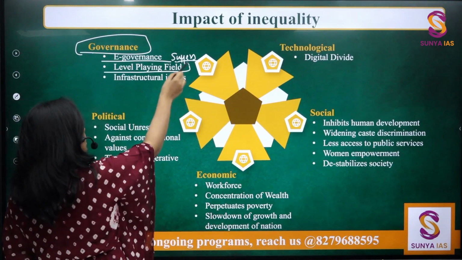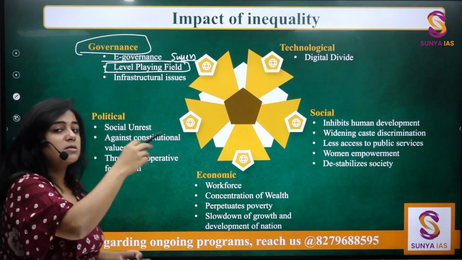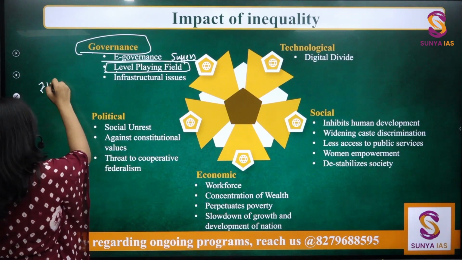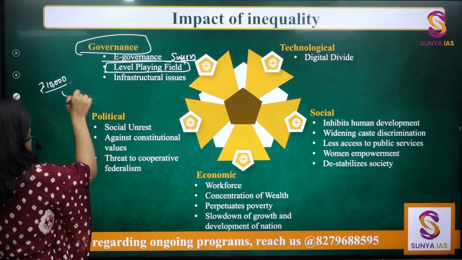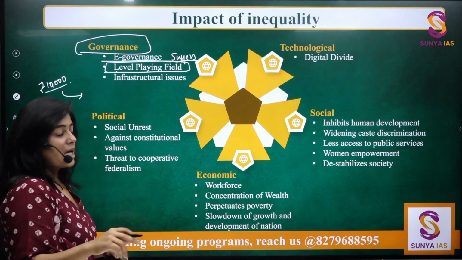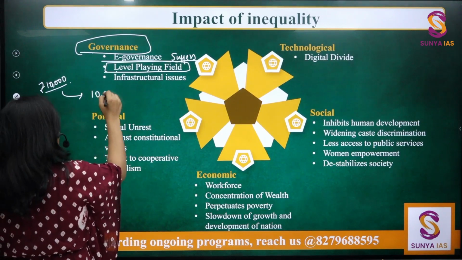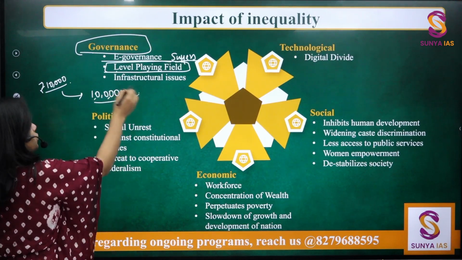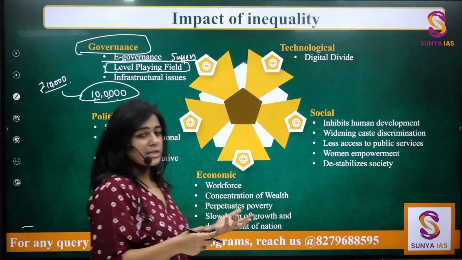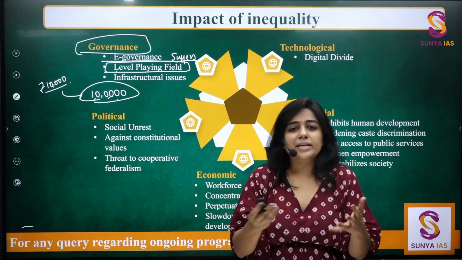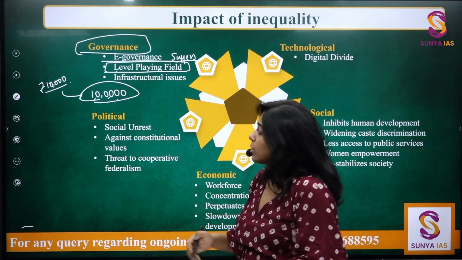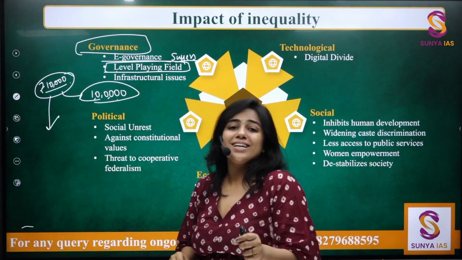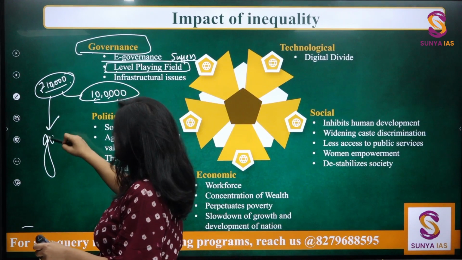Then there is a level playing field which becomes missing. If someone's parents are earning rupees 10,000 a month and someone else's parents are earning, let's say, rupees 10 lakh a month, there is a huge difference in the kind of upbringing that child will have. Why? Because the couple earning 10,000 will have to send their child to a government school.